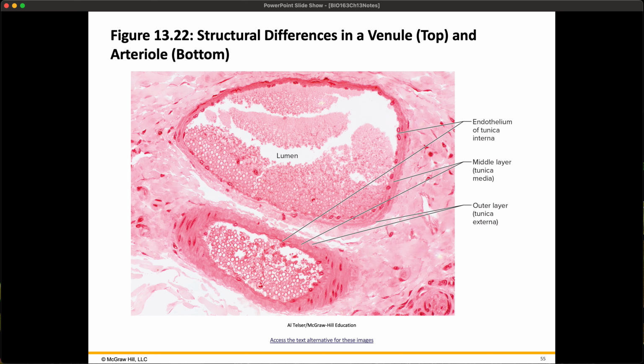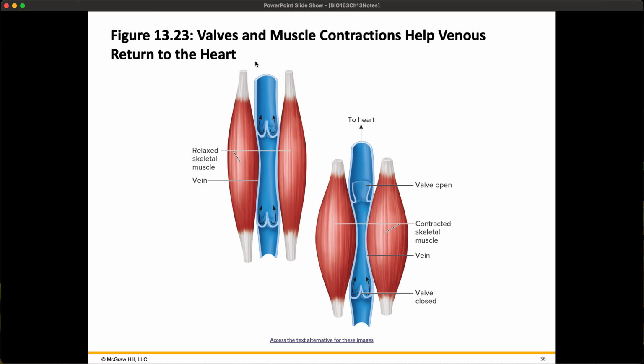So here you can see the lumen, the inside of these vessels. You have a venule up here and an arteriole down here, and those are blood cells. You can see little neutrophils in there too. So valves and muscle contractions help venous blood return to the heart through your skeletal and your respiratory pumps. So here's a relaxed skeletal muscle.